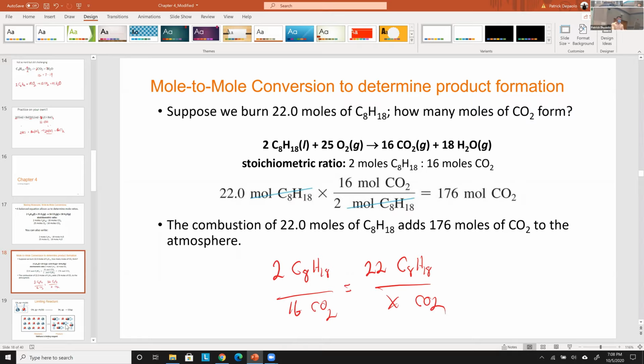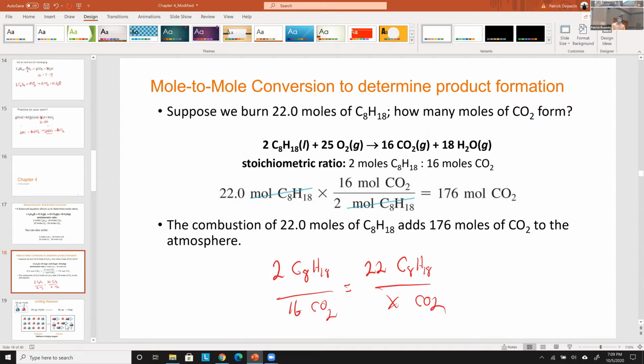And you come to the conclusion that the ratio of CO2 to octane is 8, meaning 16 of CO2 to 2 of octane. So 16 over 2 is 8. So you're multiplying the amount of octane by 8. So you'd get from 22 moles to 176 moles.